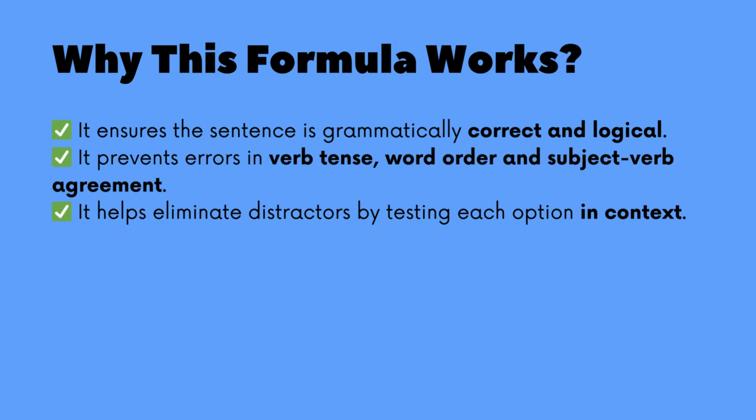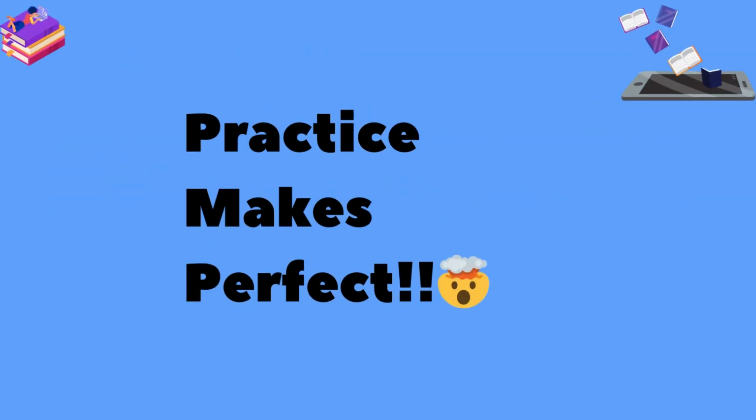So why is this important, or why do I keep on coming back with these formulas? So, for example, this formula that we're using on grammar sentence structure will ensure that the sentence is grammatically correct and logical. That's number one. So if you use the formula, you are bound to make sure that the sentence sounds natural and logical.